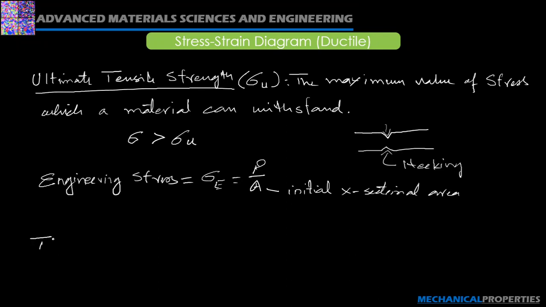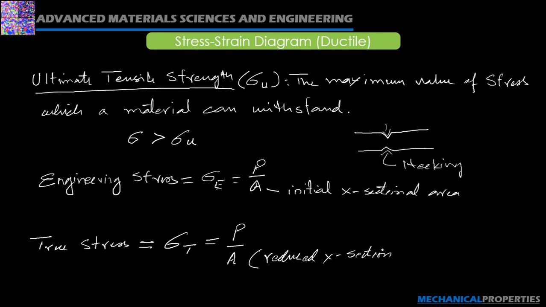Now for the case of true stress, this is denoted by sigma T. Again the expression is the same, that is P upon A. But in this case, the cross sectional area used is the reduced cross sectional area of the specimen.